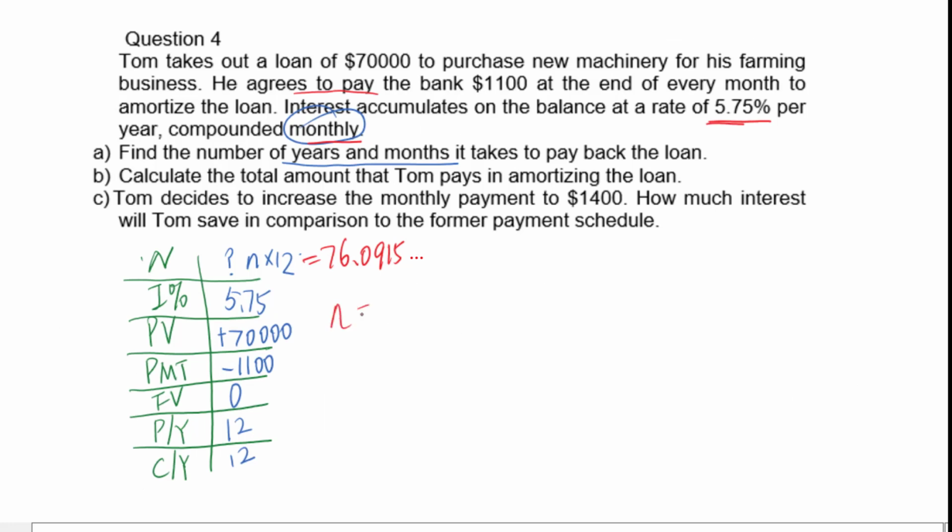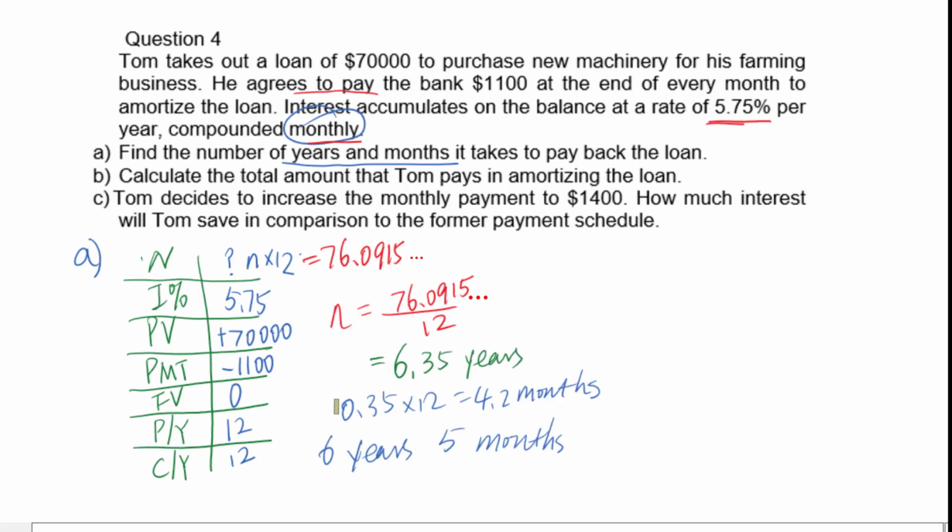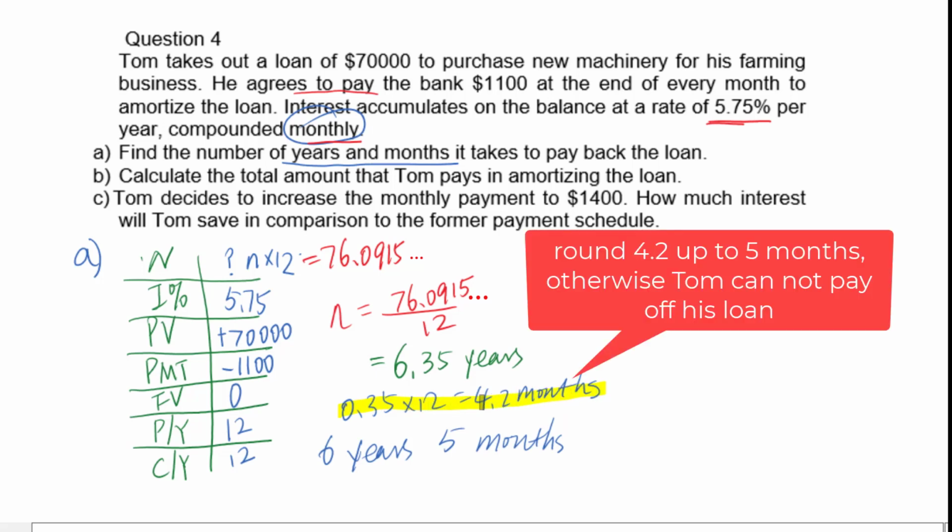So the years will be 76.0915 divided by 12. So we get 6.35 years. Since 0.35 times 12 is 4.2 months, we need to round this 4.2 up. So we get 6 years and 5 months.